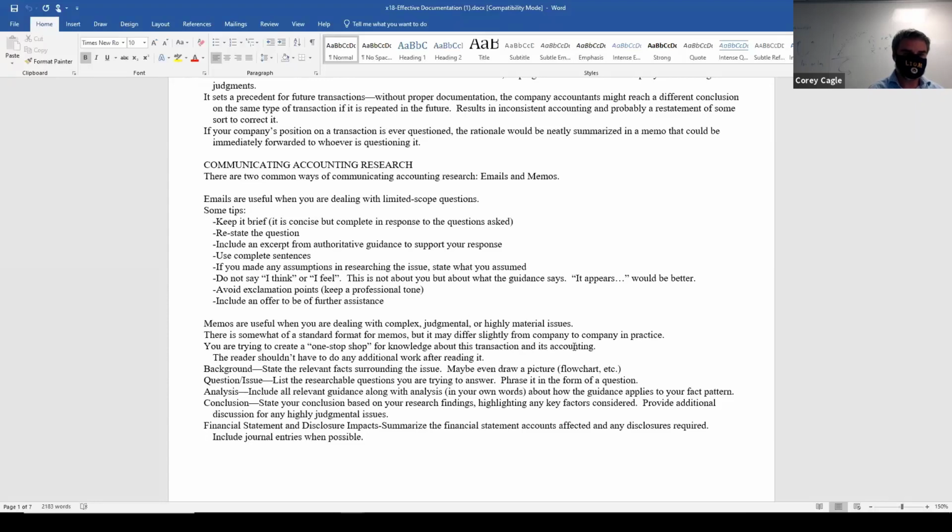Don't waste a bunch of words talking about things nobody wants to read about. People are busy. People have a short attention span. If they see 5 paragraphs, they're going to be like, oh, no. So keep it brief. Be as concise as you can, but do be complete in responding to whatever is being asked, of course.